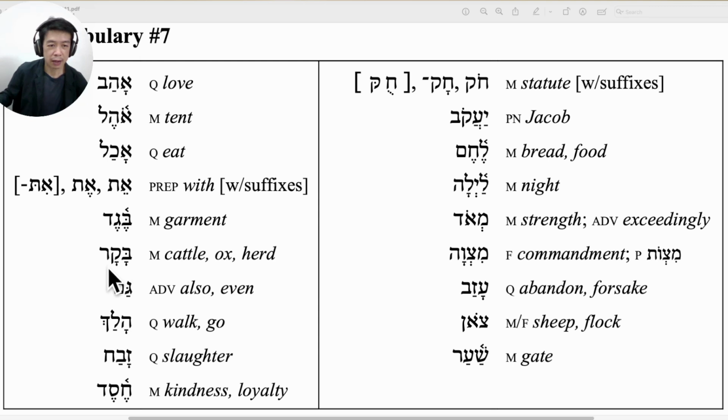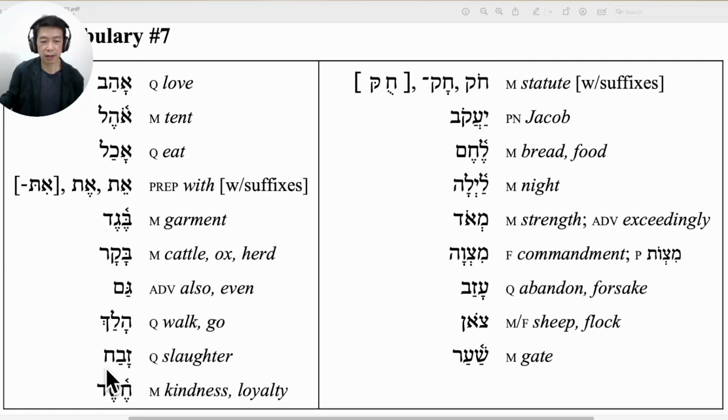The next word means also, even, gam. The next word means walk, go, halak. The next word is slaughter, zavach.